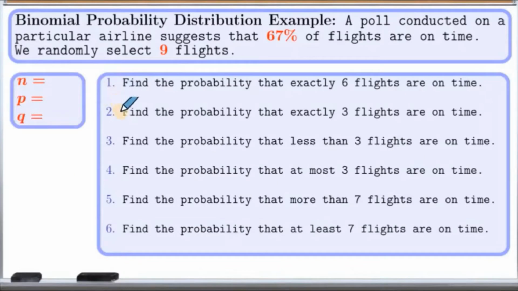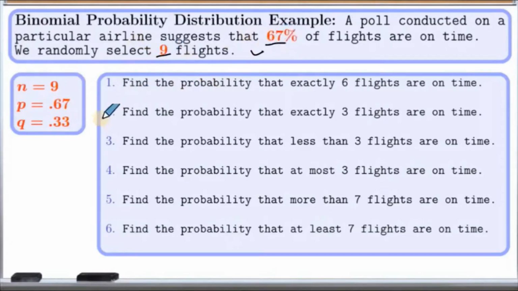For us to work on all these problems from 1 to 6, first we need to find out what is N, what is P, and what is Q. So from the question up here, we know our N is 9, our P is 0.67, and our Q is 0.33.